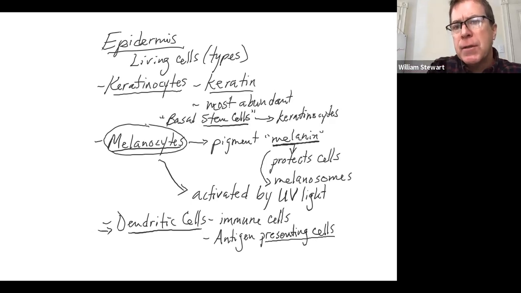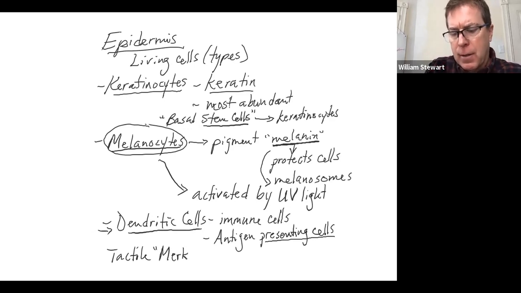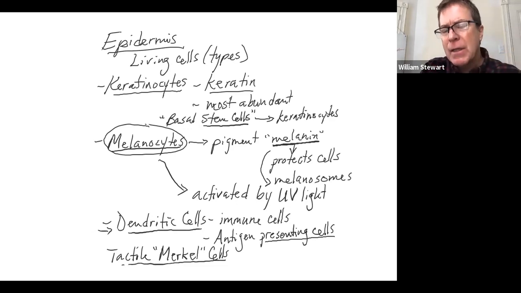Finally, in the epidermis, we have tactile, I'm going to put this in quotes, Merkel cells, M-E-R-K-E-L. Merkel cells, tactile means touch.